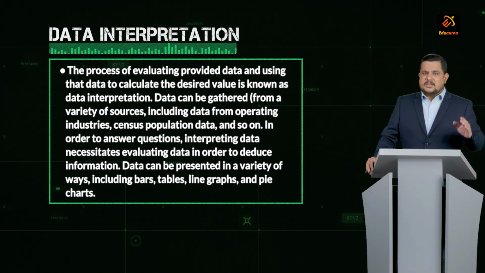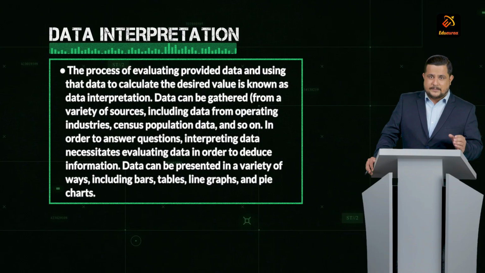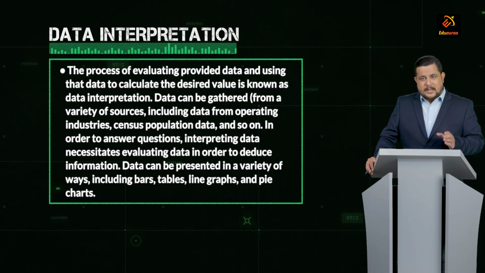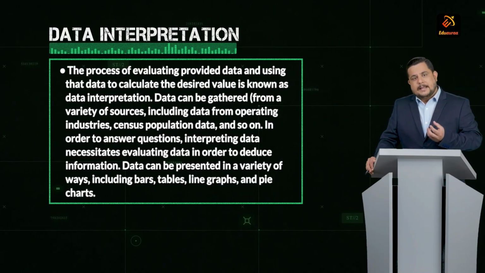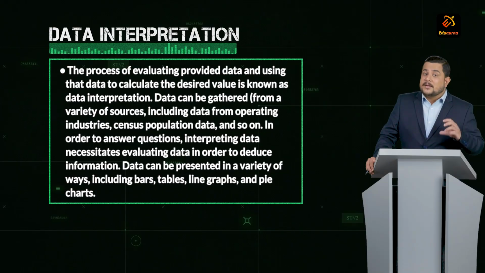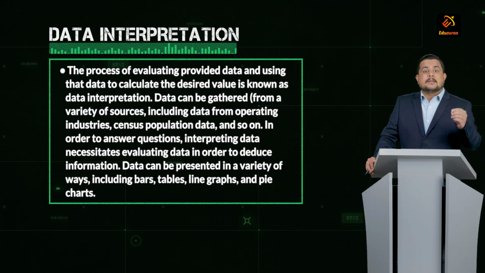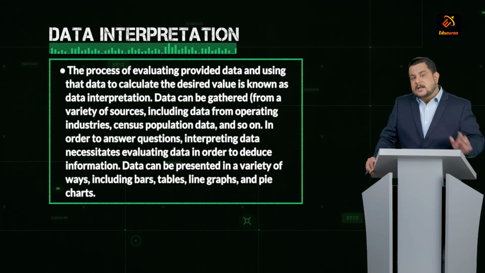Now, in data interpretation, you just have to analyze each and every data. First of all, you have to observe the given data, what is given to us, and what is required, what they are asking in the question. From that data, you have to take the values, observe, and then calculate the answer.